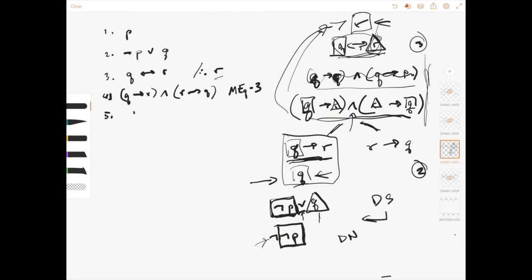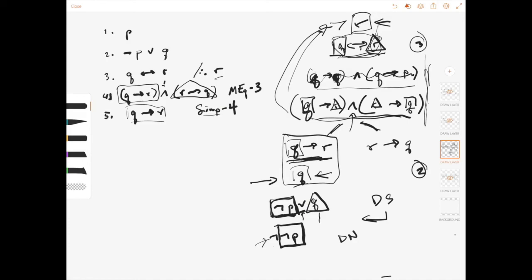Now on line 5, we're going to write Q implies R. We're going to justify that by simplification on line 4. So again, simplification works because we've got a well-formed formula joined together to another well-formed formula by an and, a conjunction. So we are entitled to take one whole side out by justifying it with simplification.